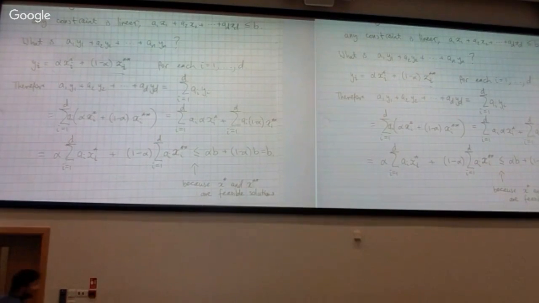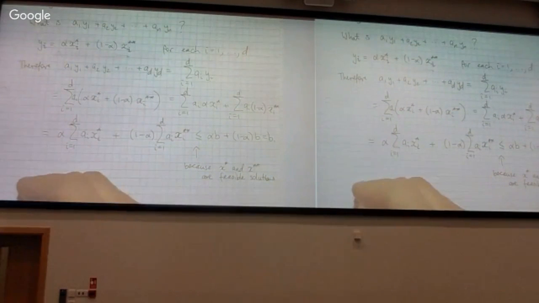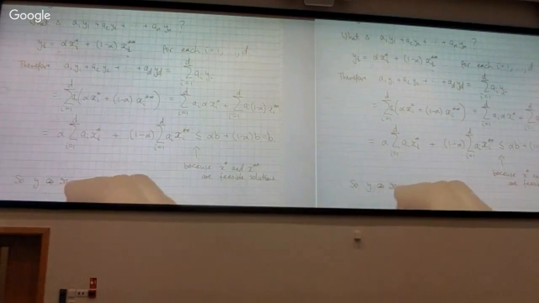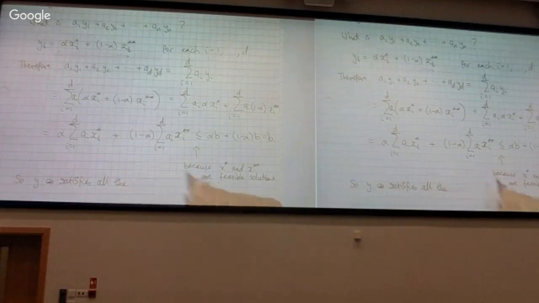So indeed, y satisfies all constraints. Make any sense?